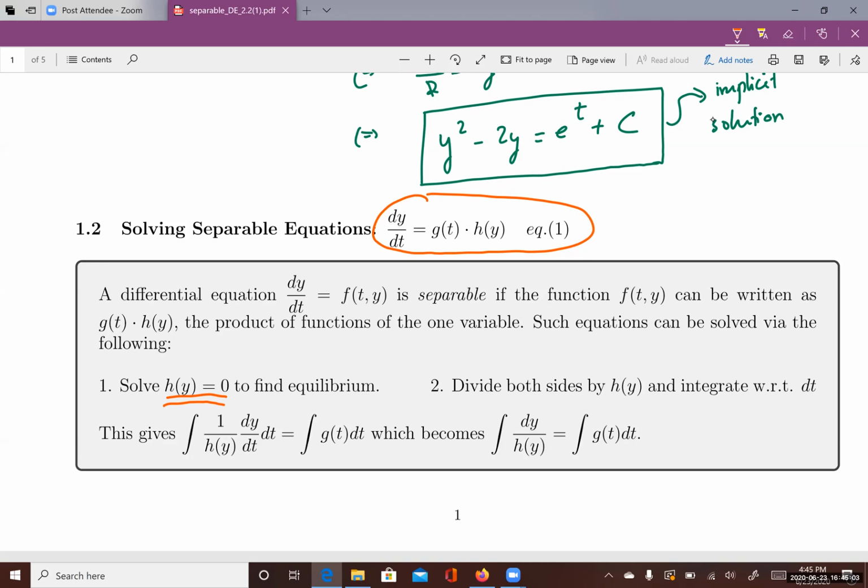You can find the equilibrium solutions by solving h of y equals 0, because you cannot divide both sides by h of y when h of y equals 0. So find all the equilibrium solutions, and after that, you can divide both sides by h of y, and then integrate both sides with respect to y and t, respectively, to solve the differential equation.